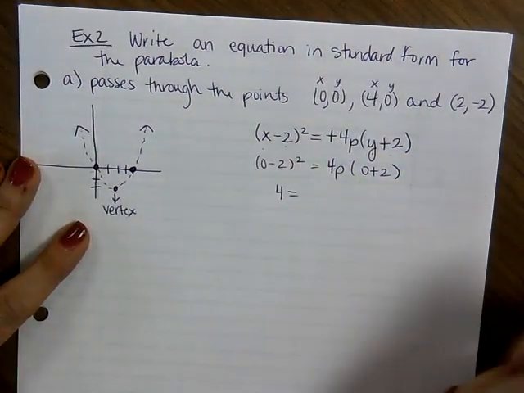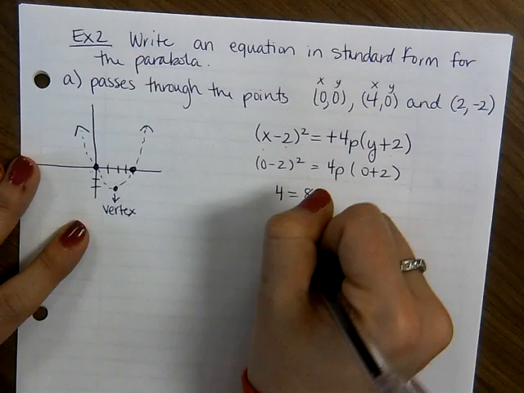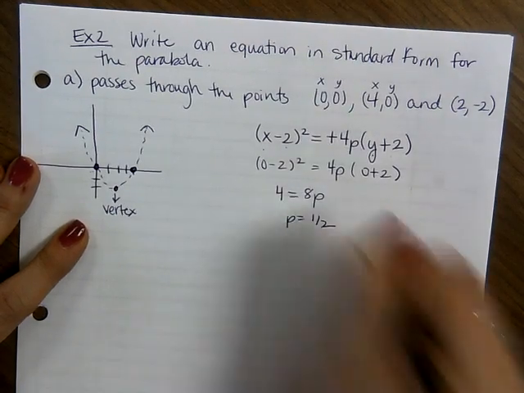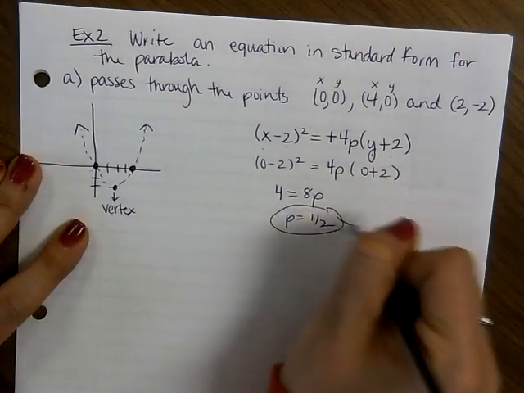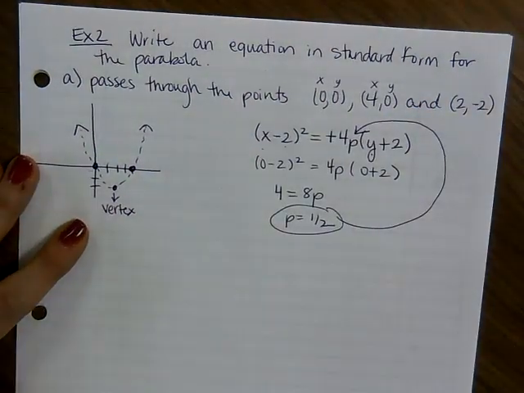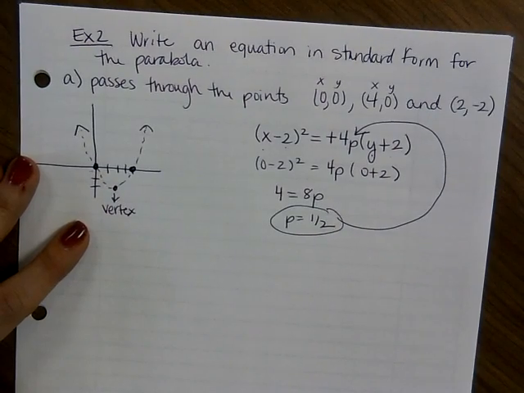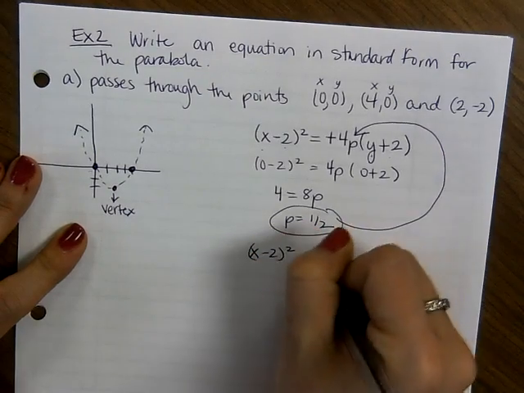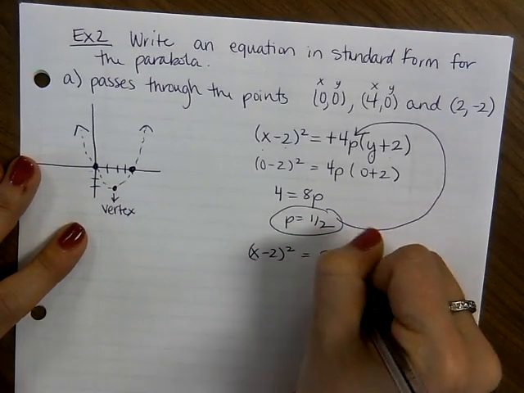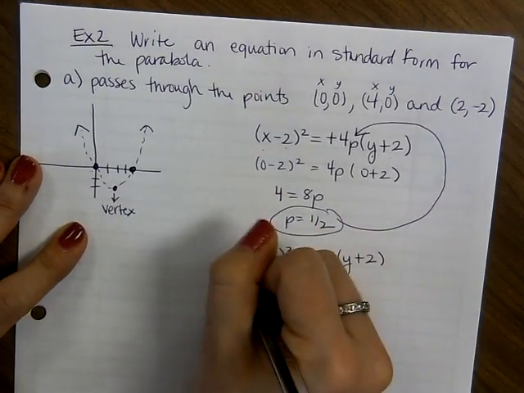So here we get 4 equals 8p. So p equals a half. Okay, but now remember, you have to take that value and substitute it back in. So final answer, x minus 2 squared equals 2 times y plus 2.